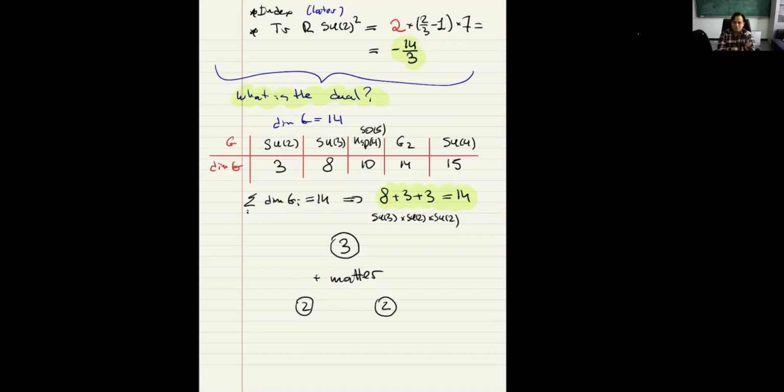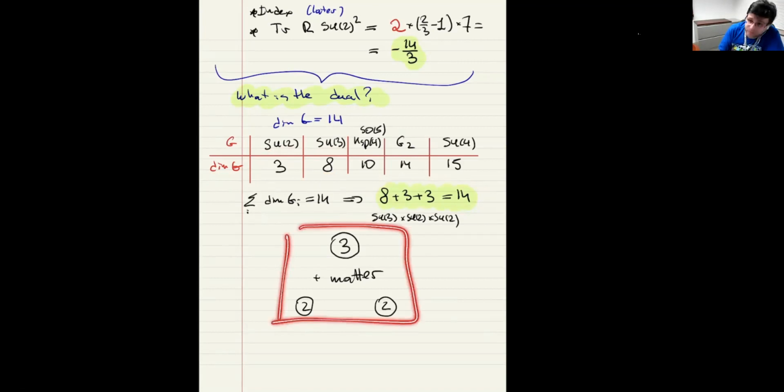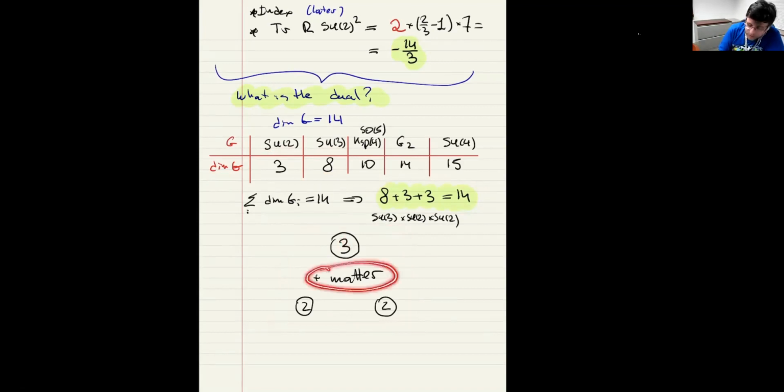So 14 satisfies this amazing equation. 14 is equal to 8 plus 3 plus 3. Okay. So the dimension of SU3 times SU2 squared is the same as the dimension of G2. Okay. So we will look for a conformal dual for this theory, which has 1 SU3 gauge group, 2 SU2 gauge groups, and some amount of matter.